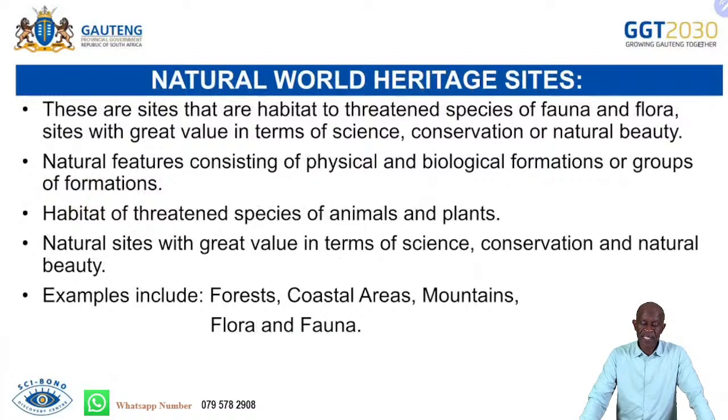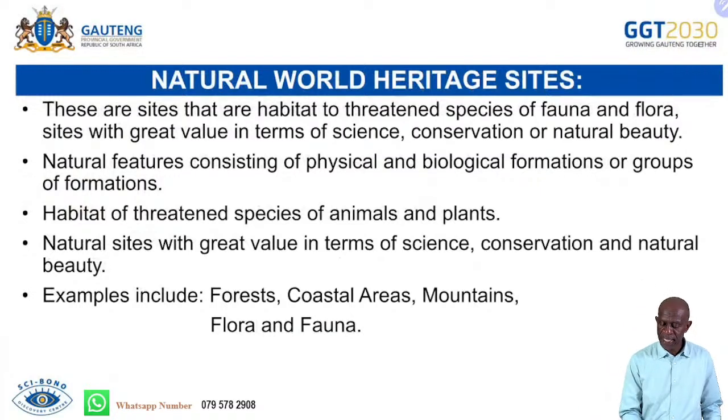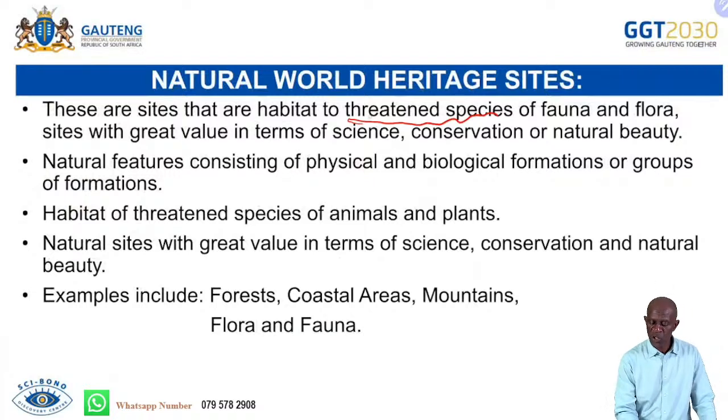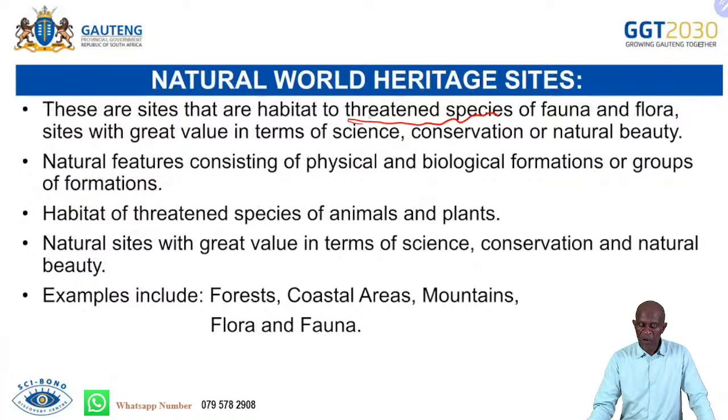These are habitat. Habitat refers to a place of stay. So this is a natural place for our threatened species. So a place of living, a natural home for our threatened species of fauna.